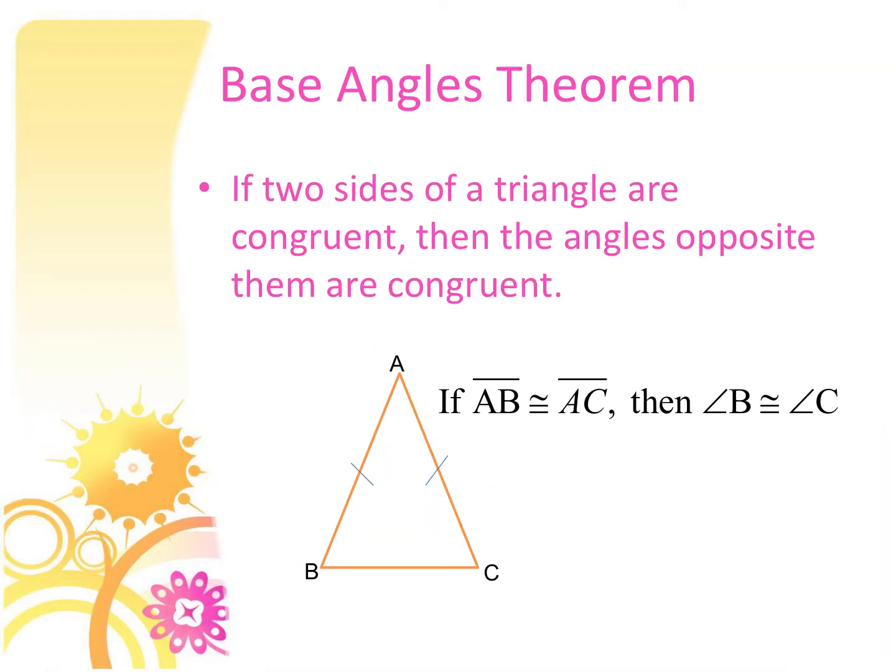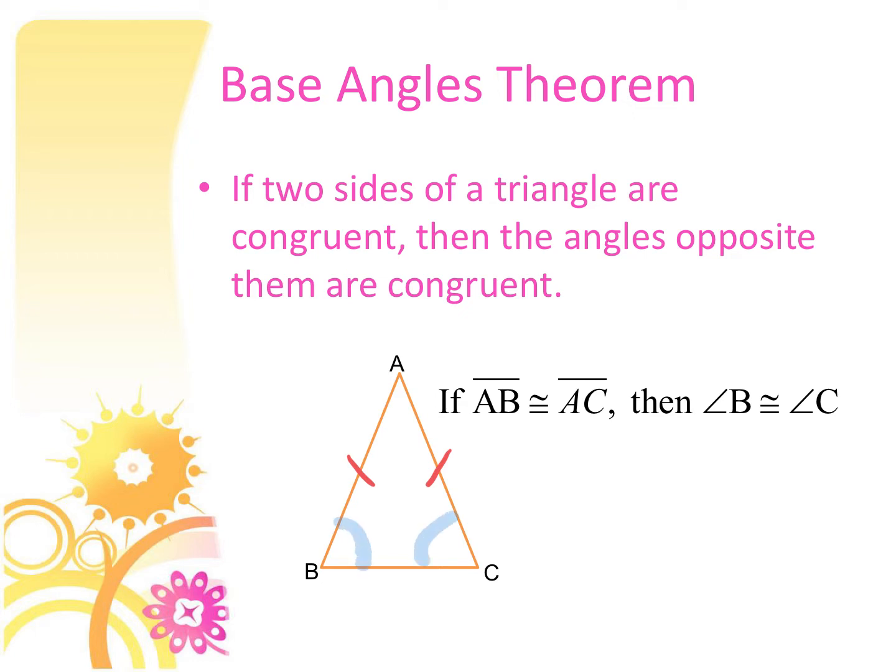So our first theorem is called the base angles theorem. And this just states that if two sides of a triangle are congruent, then the angles opposite them are also congruent. So once you're given that these two legs are congruent, AB congruent to AC, then we can conclude that the angles across from them, or opposite to them, so these down here, are going to be congruent as well.